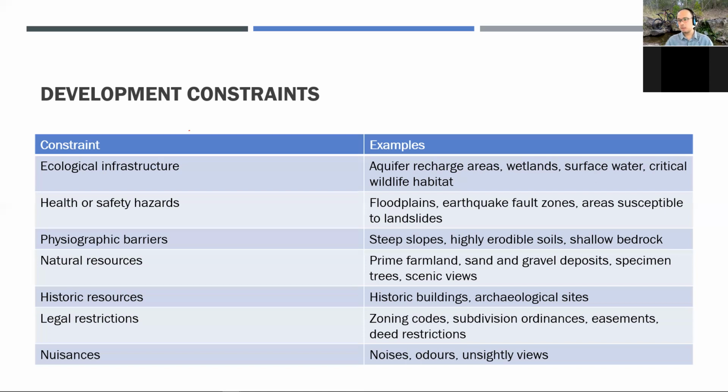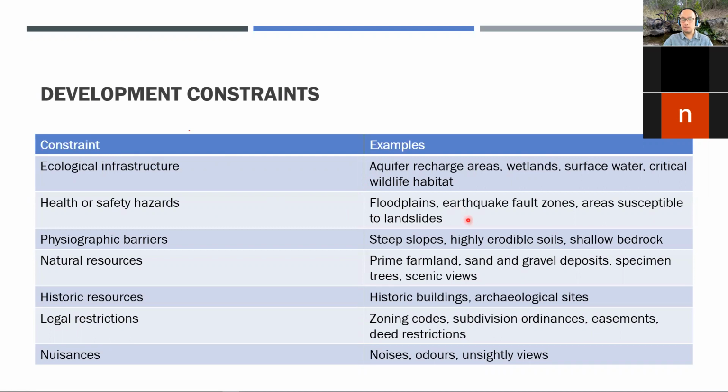In this table, there are common development constraints. The constraint may be because of ecological infrastructure or green features, such as aquifer recharge areas, wetlands, and so on. It could be due to health or safety hazards. You may have potential floodplains or flood areas in your site.